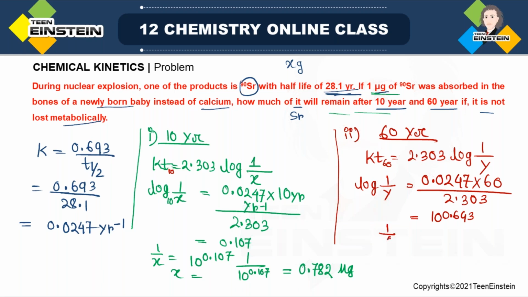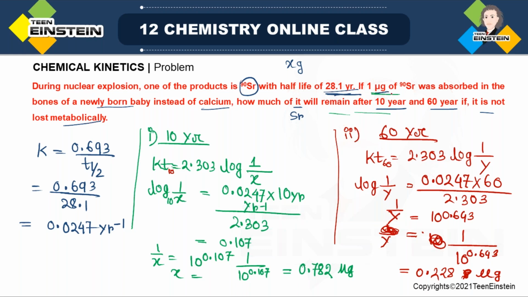So 1 by y will be equal to 10 to the power 0.643. So y will be equal to 1 divided by 10 to the power 0.643, in microgram. So this is the amount which is left after 60 years.